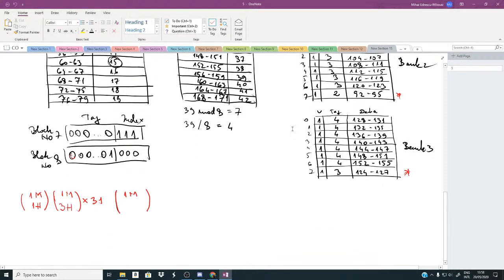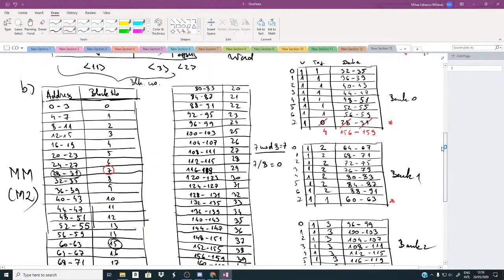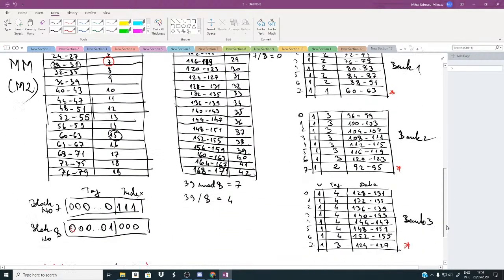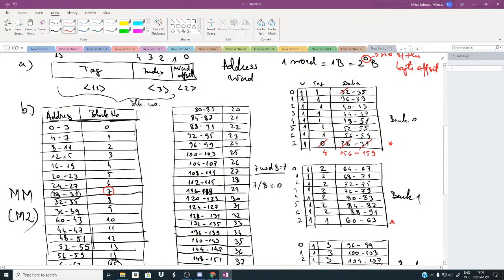Okay, so I guess this is 1 miss and 3 hits, and then it's 1 miss, 0 hits, and that is for 160, that's 5 over here, 163.